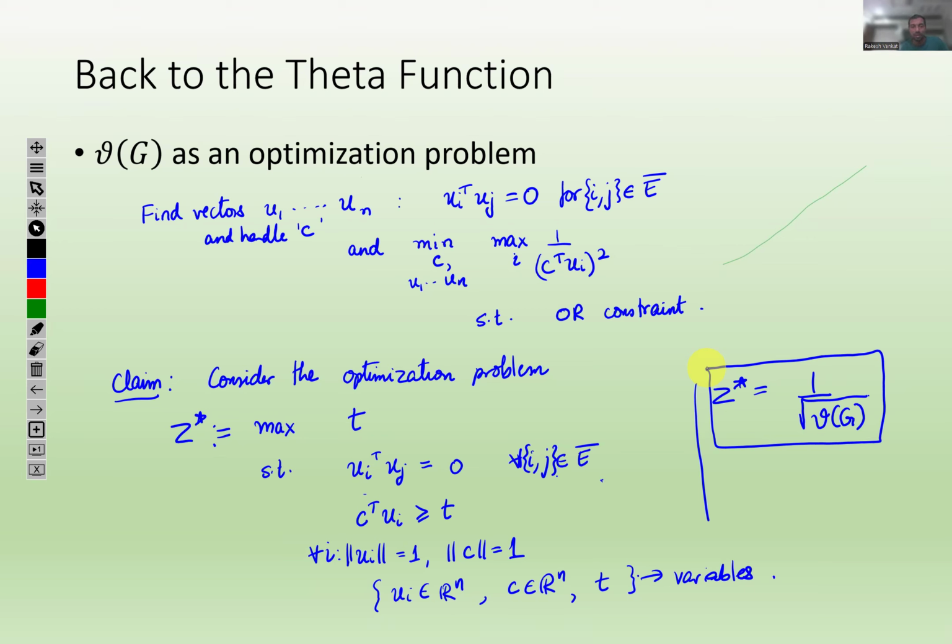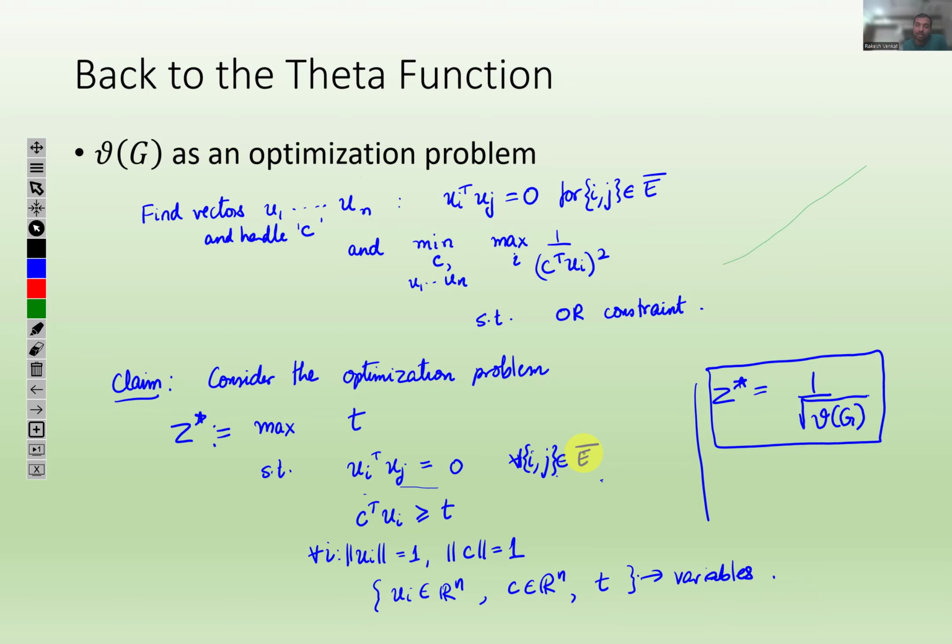This again is an optimization problem. One thing that is clear from this formulation is that my ui's and uj's are vectors, right? So they can vary in any space. Immediately it looks like the ui's, just given this constraint over here, have to be an orthonormal representation, because I've enforced it explicitly in the constraint that ui transpose uj equal to 0.